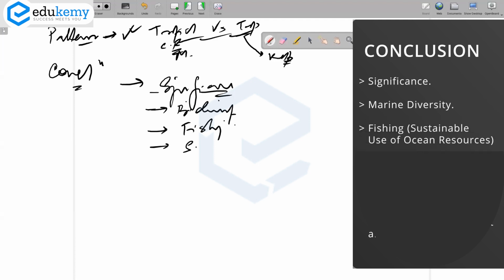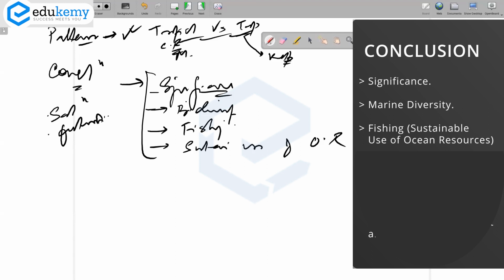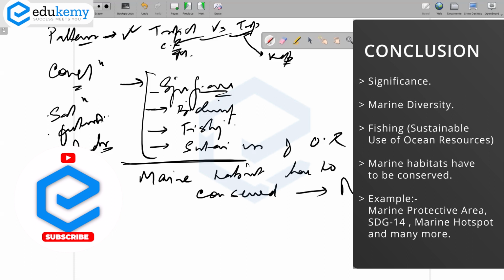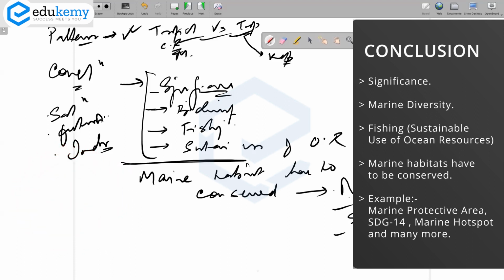Talk about sustainable use of ocean resources. And remember, it will either be a solution or futuristic. If you know about India, maybe you can also add here that marine habitats have to be conserved. Do you know of some initiatives? Marine protected areas, MPA, SDG 14, marine hotspots, conservation of coral reefs. Okay?